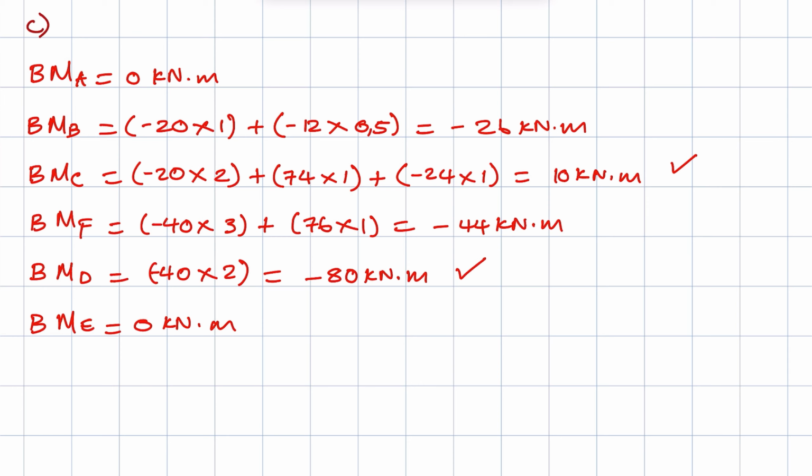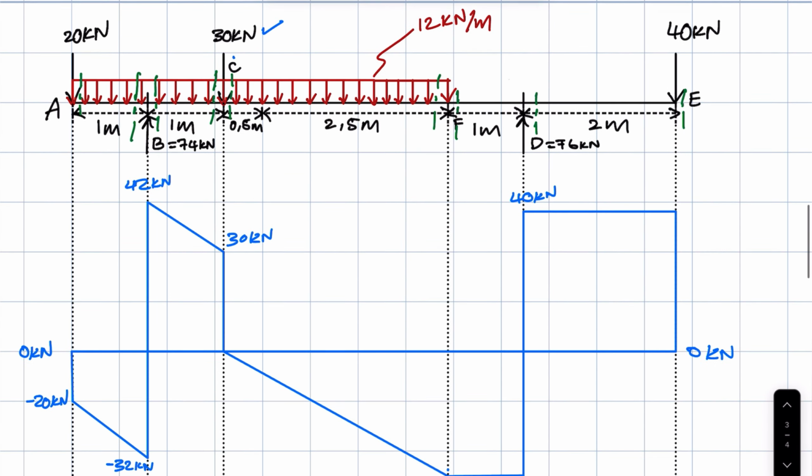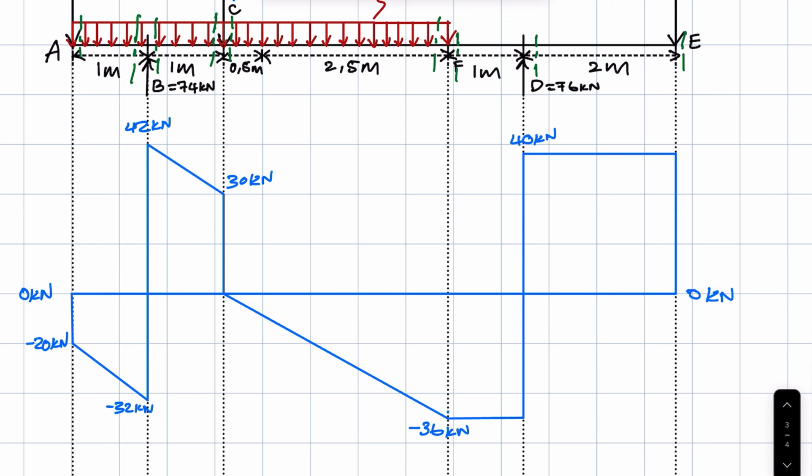So based on our bending moment calculations, they suggest that the shear force is going to be equal to 0 at point C and at point D. Now let's see if that is the case. If you look at point C, the shear force is equal to 0, and if you look at point D, the shear force is equal to 0. So again, you can use that as a reference to see if your shear force diagram is correct.